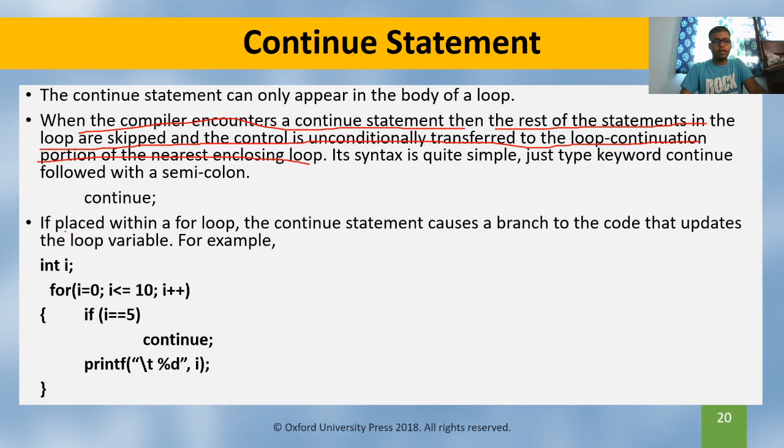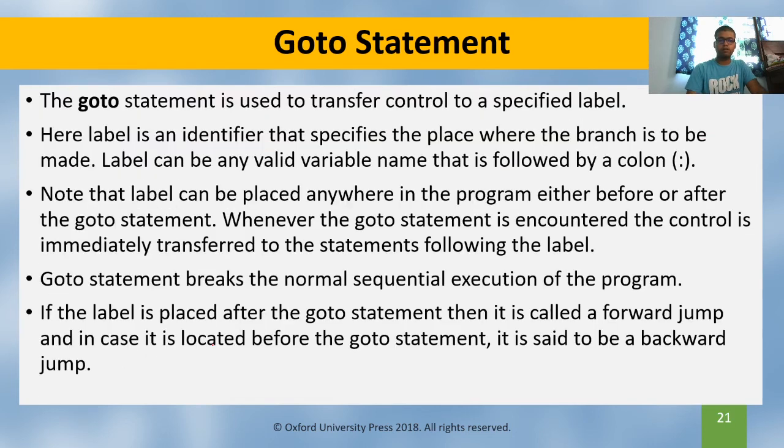If placed within the body of the loop, the continue statement causes a branch to the code that updates the loop variable. For example, if i equals 5, then continue. This means it will not print the value 5.